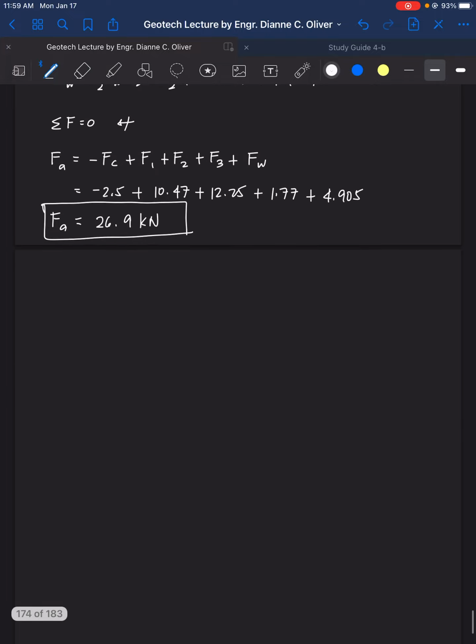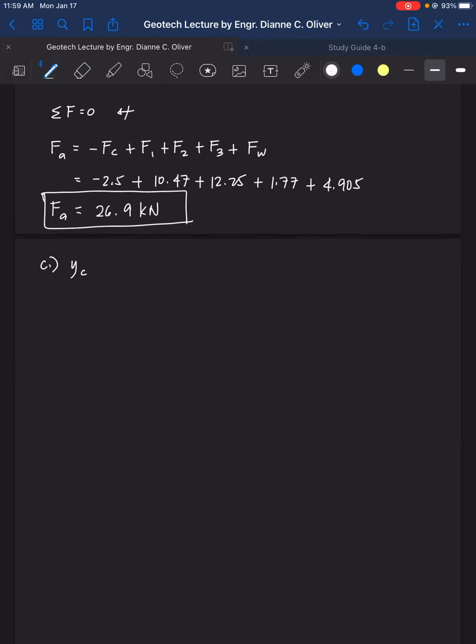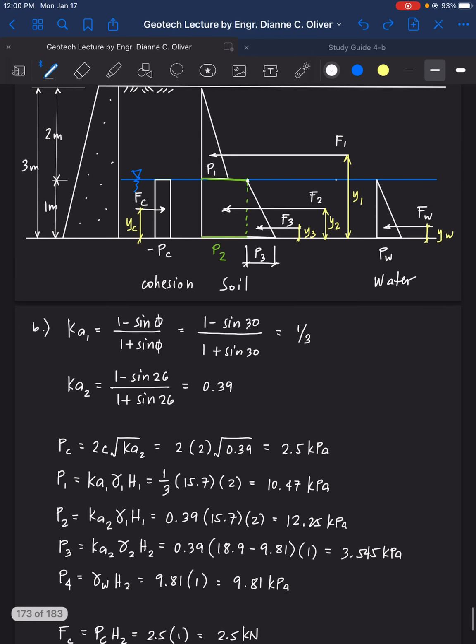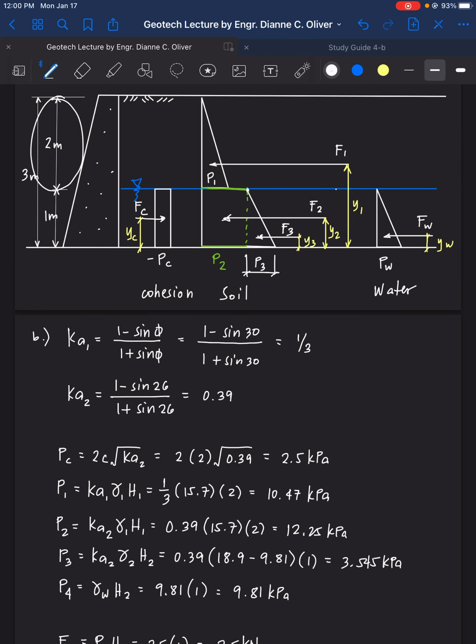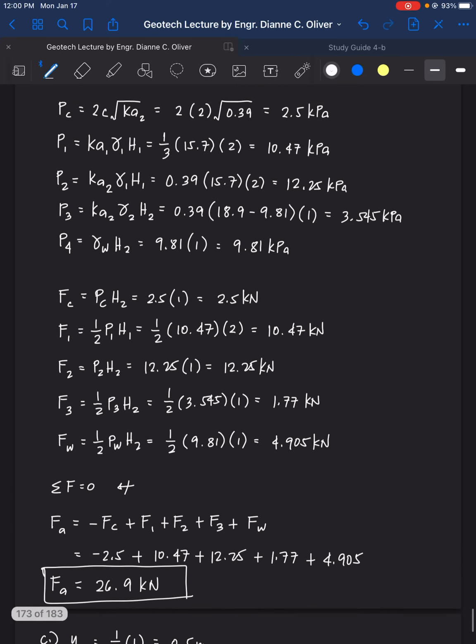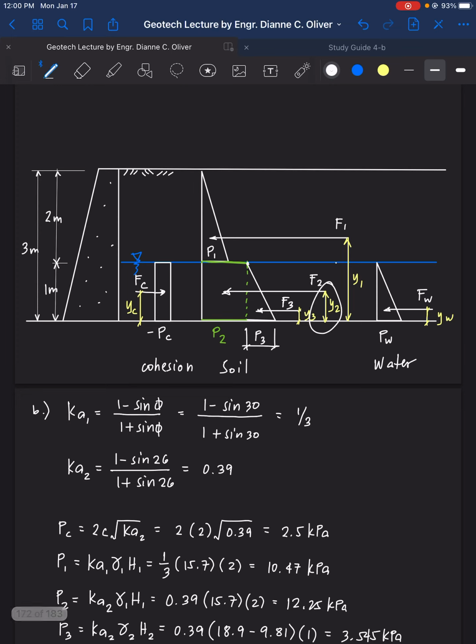Alright, so for letter C, we have YC. We know that it's a uniformly distributed load, so that is 1/2 of 1, so 0.5 meters. Y sub 1 is 1 plus 1/3 of 2.